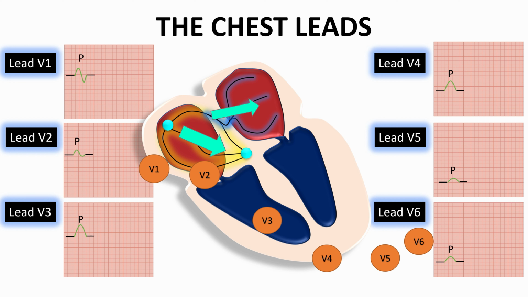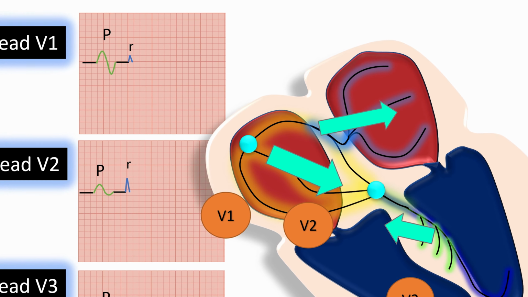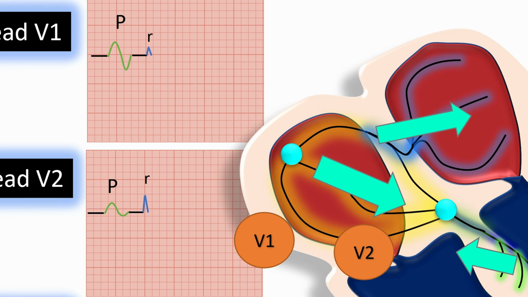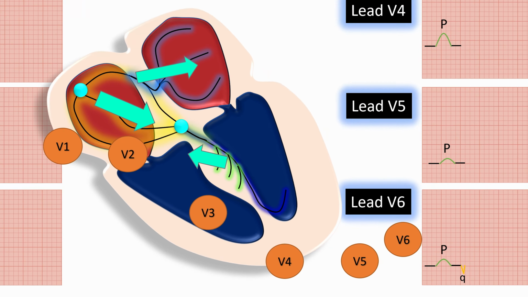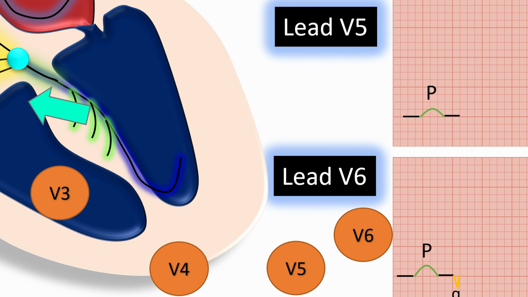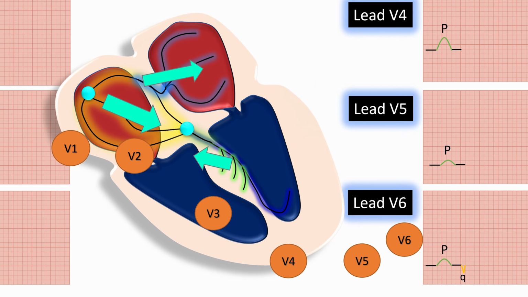And we will have the AV nodal delay, which is represented by the PR segment on all these leads. After that, we will have the interventricular septum depolarization, which goes from left to right. As these forces go toward V1 and V2, they will pick up a positive wave, and as they go away from V5 and V6, they will pick up a negative wave.